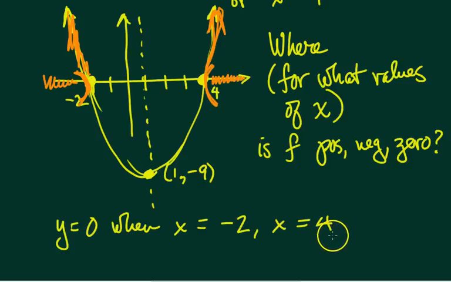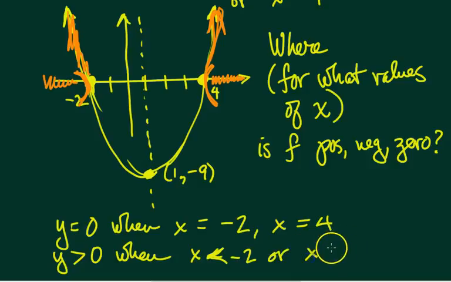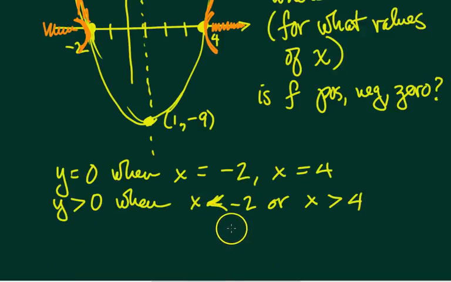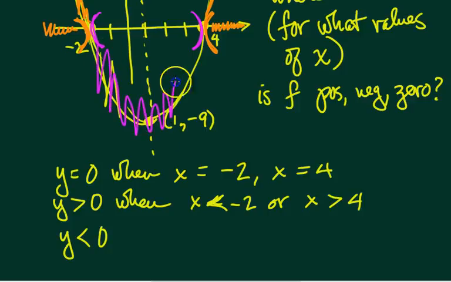It's not equal to 4. We already said that if x is equal to 4, then what we have is a 0. So, next thing I'm going to write is y is greater than 0 when x is less than -2 or x is greater than 4. Notice these are open intervals. And so that leaves inside this space y is negative, less than 0, and by negative all I mean is it's below the horizontal axis.